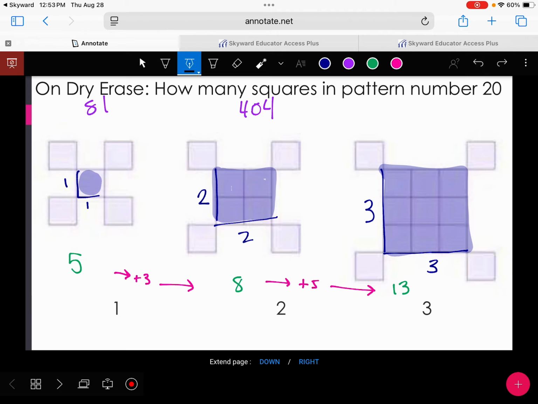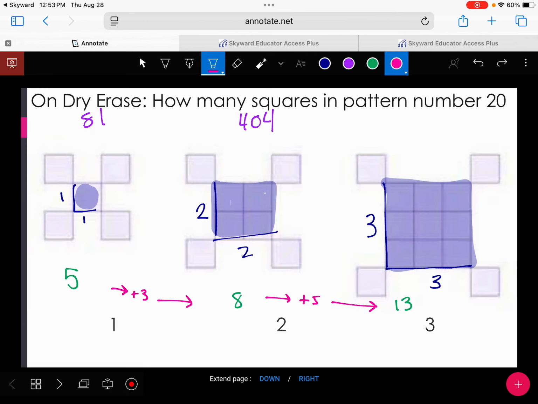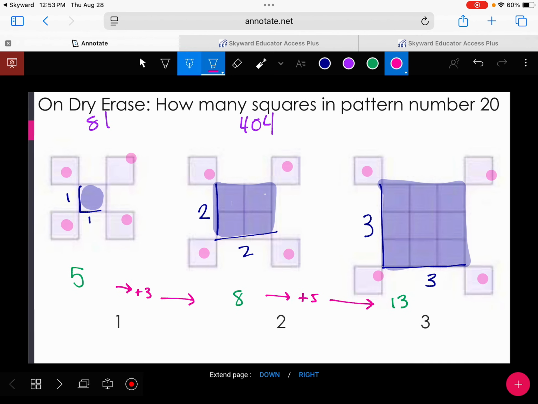But I feel like finding the center piece and then realizing these 4 guys are the same every time works well. So the pattern is our figure number multiplied by itself, figure number squared, plus 4. I do agree with the 404. That's what I got.